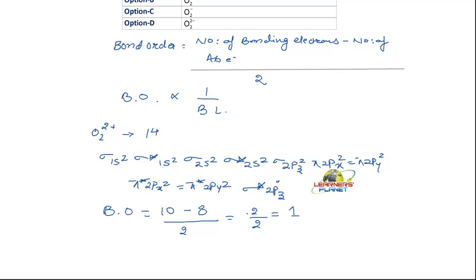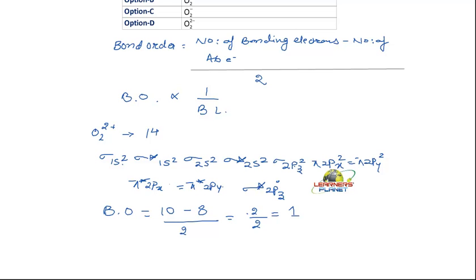So there would be 2, 4, 6, 8, 10, 12 and 14 till here only, right? And these electrons won't be present. I'm so sorry, students. It is O2 2+ and I increased 2 electrons. I should have decreased it.